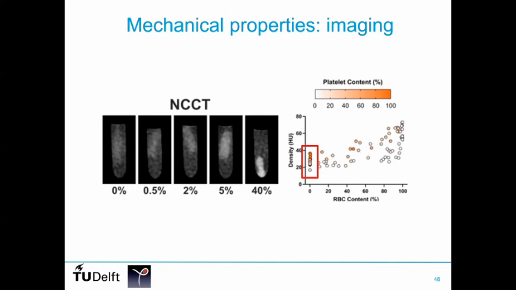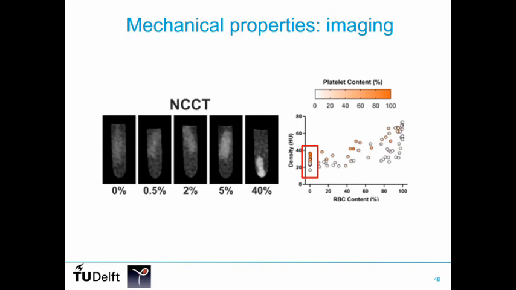And yes, again, if you look at the red blood cell content as such, there seems to be an increase in the Hounsfield unit. And if we look at, again, the low concentration red blood cells, then we can still see the color coding for the platelets. So it's identical to the previous one.